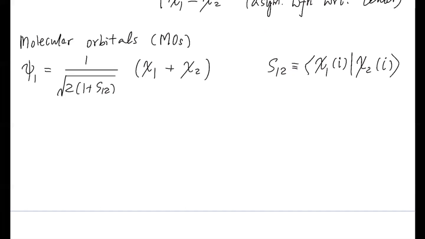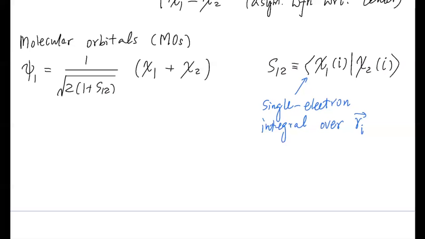So this overlap integral, S12, is, of course, a single-electron integral, and it is a function of the separation between the two nuclei.